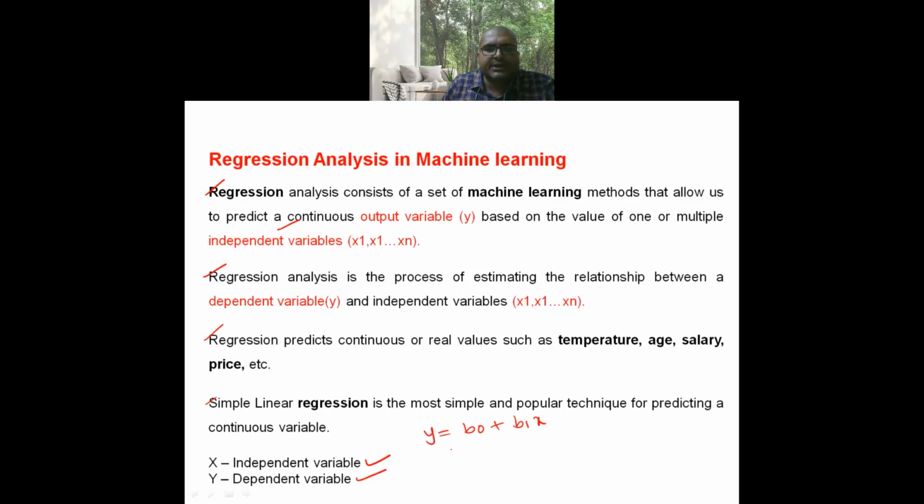Here y is the dependent variable, x is the independent variable. Based on the values of x and y, a linear regression line will be plotted, and based on that particular prediction line, the data can be predicted for the new values.